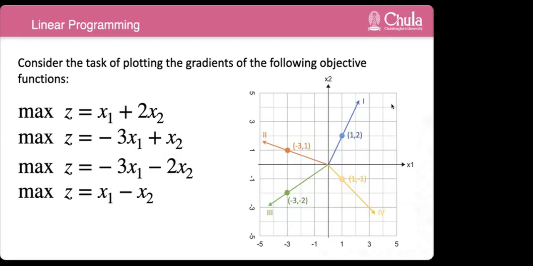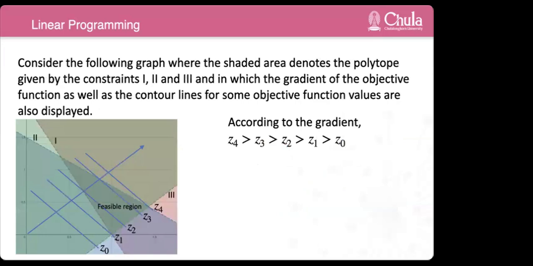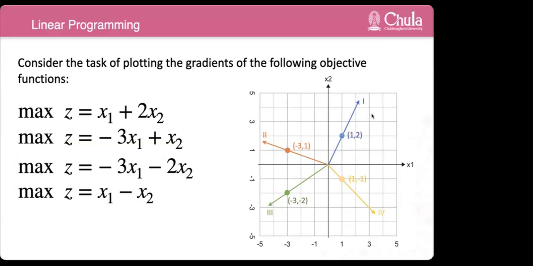The isoprofit line of the objective function must be perpendicular to this gradient. It is orthonormal to the isoprofit. So by considering the objective function only, it tells us the direction to go, but not the solution.